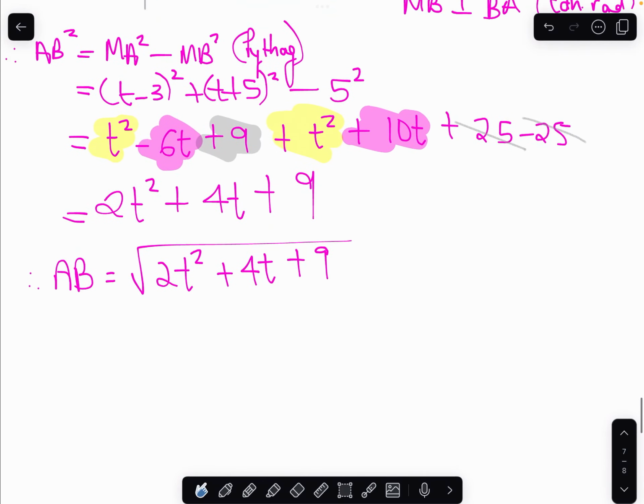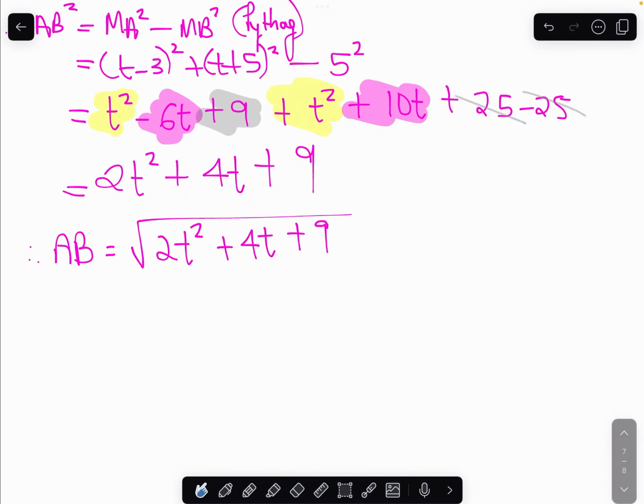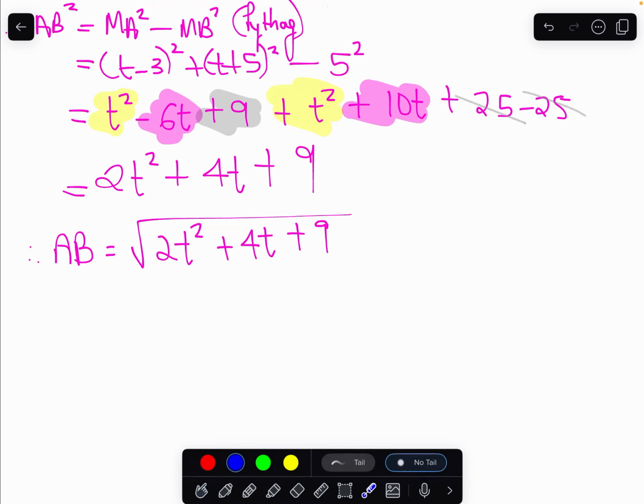Right, and then the last question says determine the minimum length of AB. Minimum, it's giving optimization. Trust me to be in my algebra brain in paper 2, which is definitely not wrong. So I definitely want to see which value of t minimizes this expression, because then the square root of this expression will be minimized.